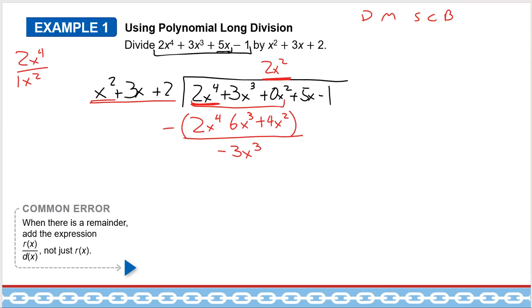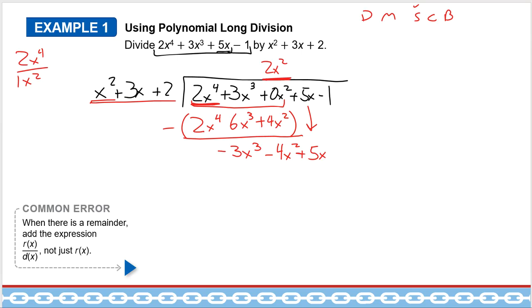And then 0x squared minus 4x squared is minus 4x squared. There's my subtraction step. Now I'm going to bring down plus 5x, and then I run it again.